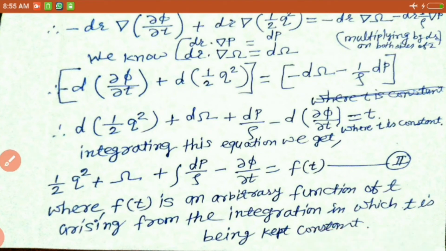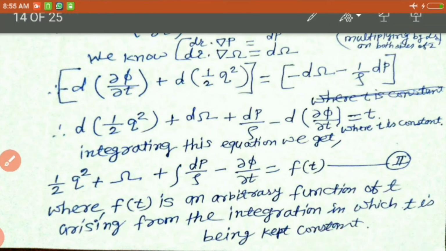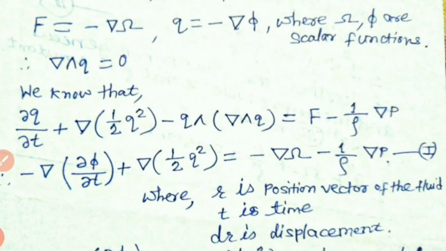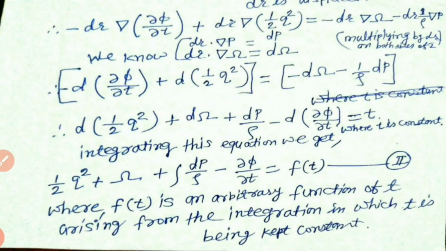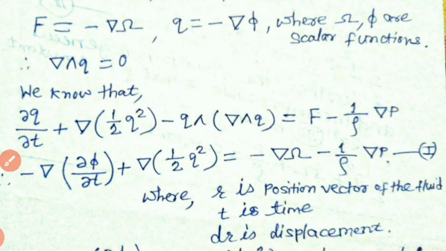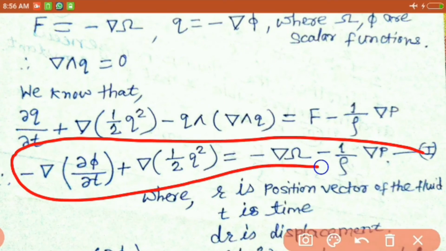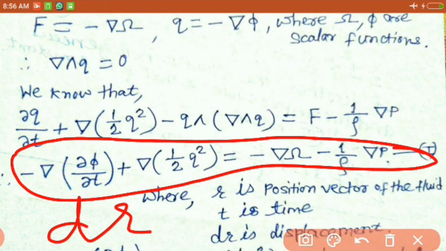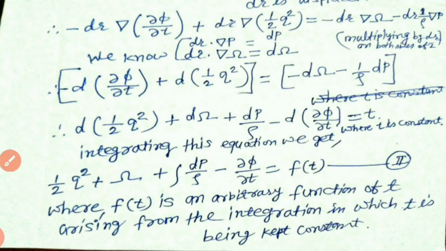Therefore, by multiplying both sides of this equation by dr, we get minus dr del dou phi by dou t plus dr del 1 by 2 q square is equal to minus dr del omega minus dr 1 by rho del p.